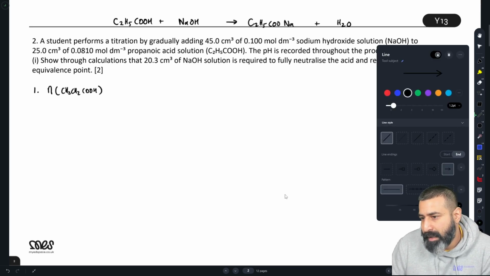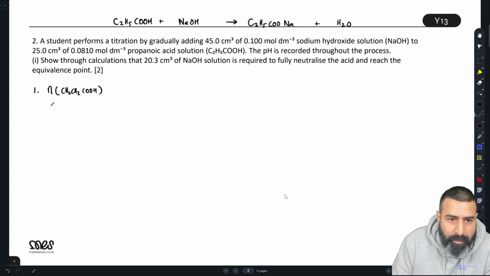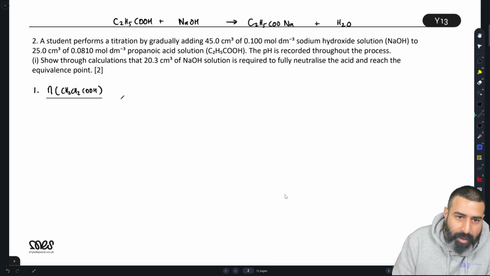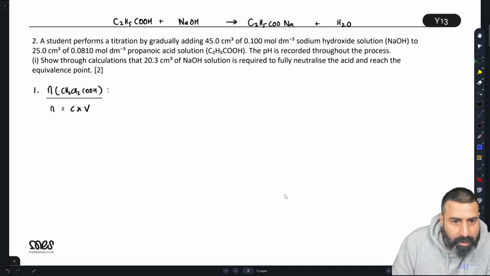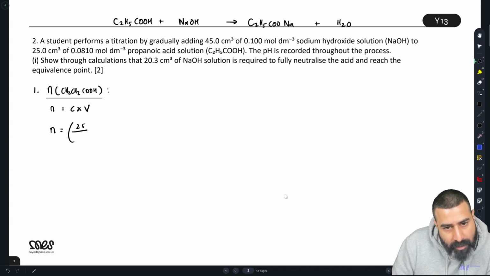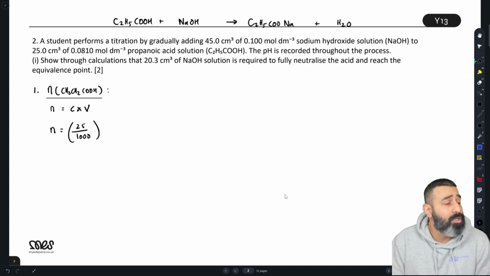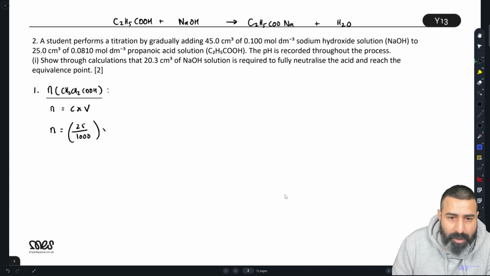Let's work out this number of moles first, because that's the number we have in the conical flask. So how do we do this? Remember that n equals c times V. So n equals the volume, which is 25 centimeters cubed. So we divide by 1,000 to get decimeters cubed.